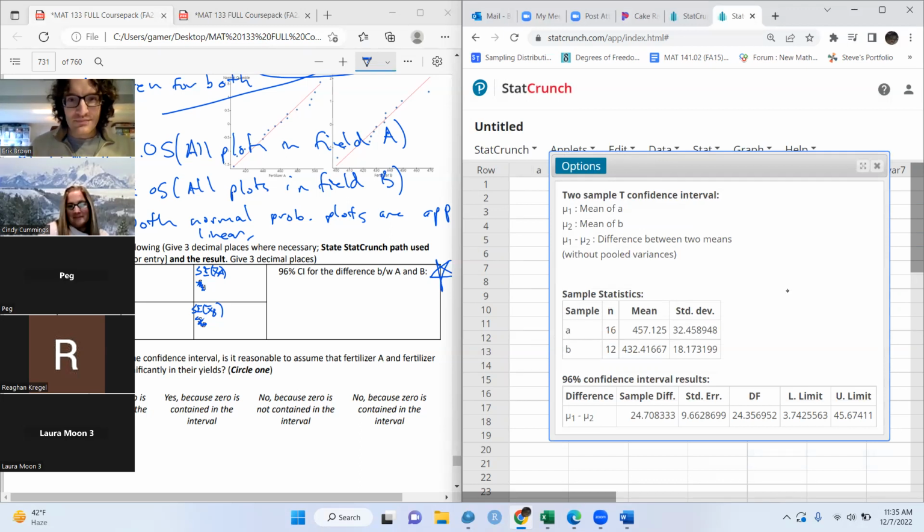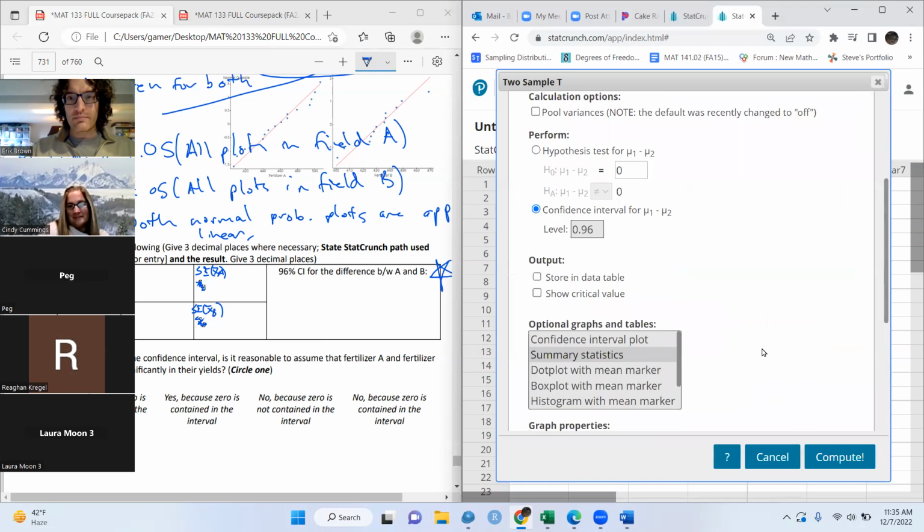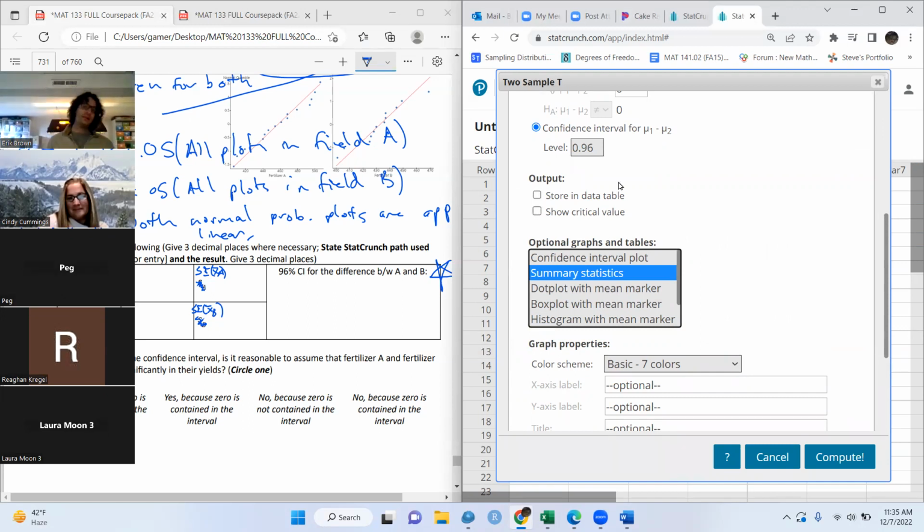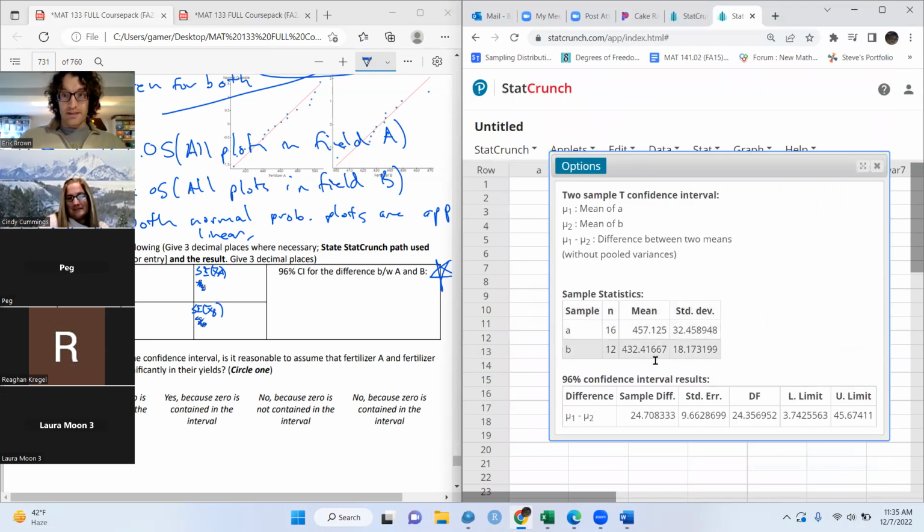Wait a minute, say that again. If you look back in here at the bottom under optional graphs and tables, there's this summary statistics option. It saves us a step, and it gives us the X bar and the sample standard deviation and whatever else. Just select that, and then you get this nice little table, which is what I was about to do under summary stats and columns.